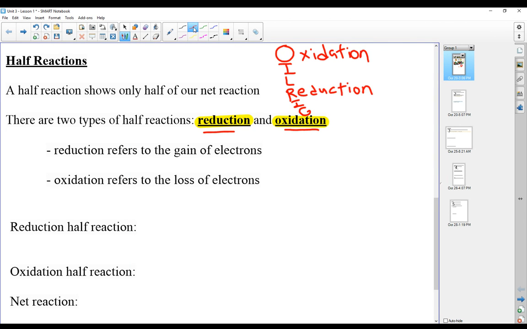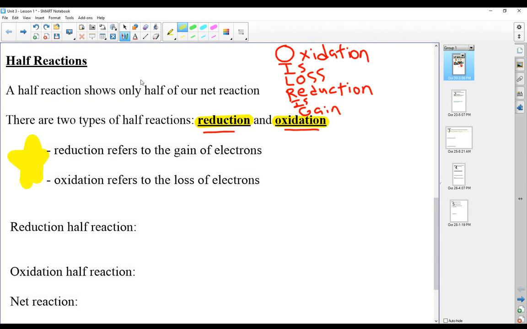Then I is going to be is, L is going to be loss, and G is gain. That's just an acronym to remember this point here.